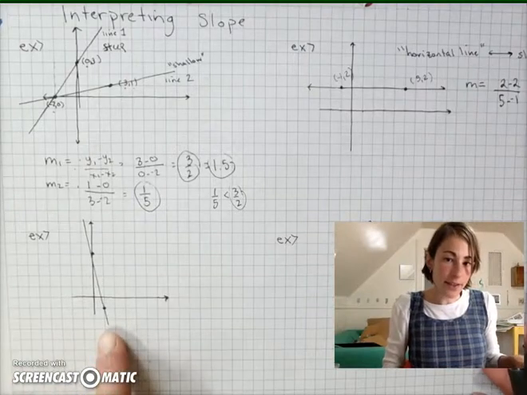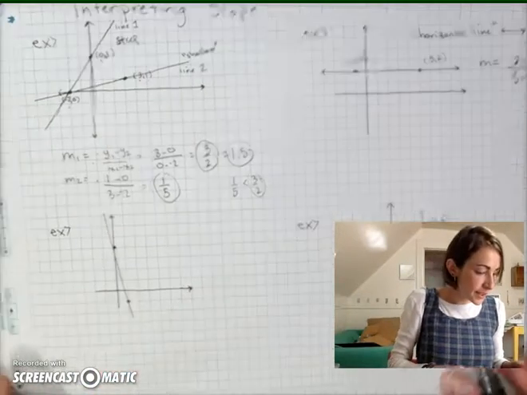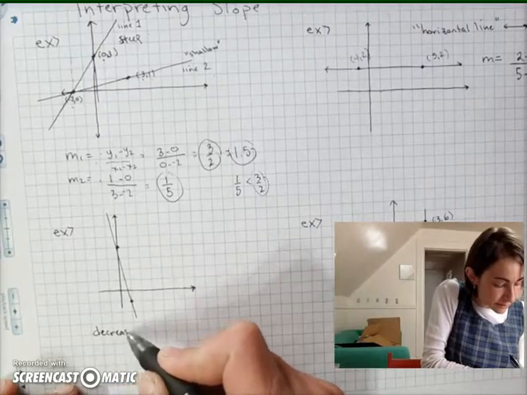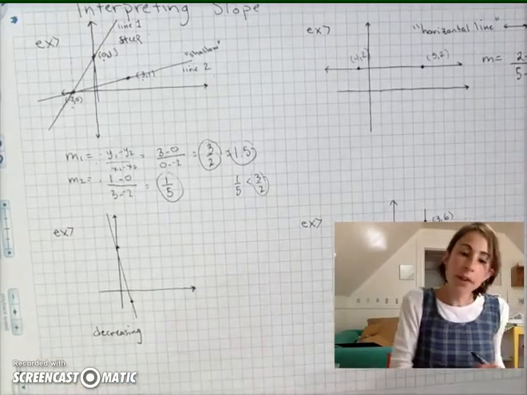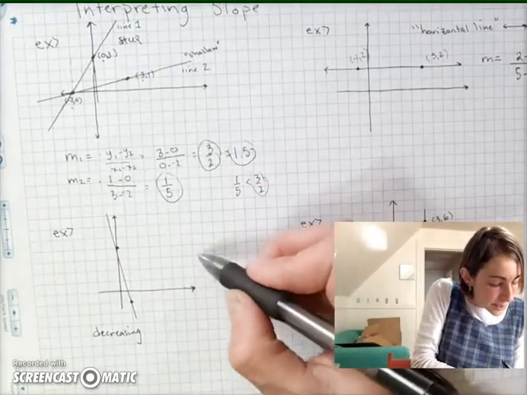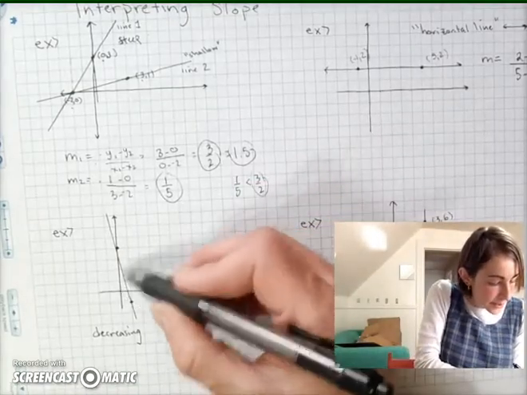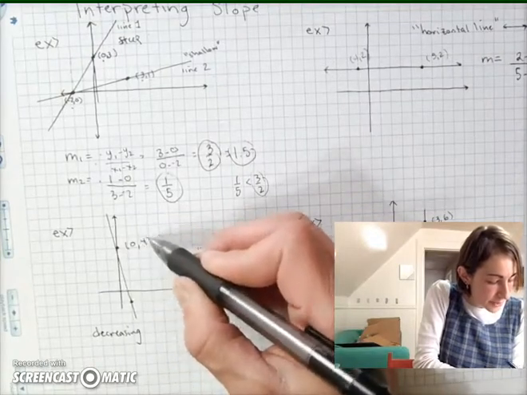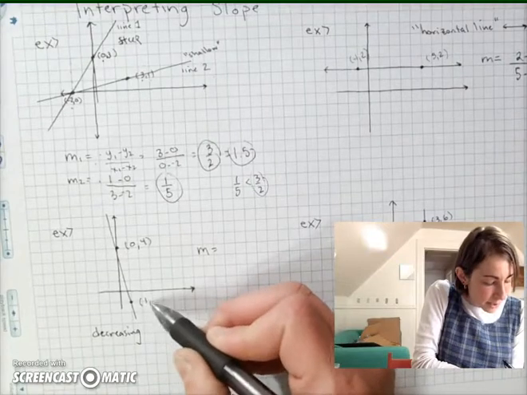Now let's look at this third example. This line is decreasing. It goes down. So what will that mean in terms of the number that we get for slope? Well, let's compute the slope. This is the point 0, 4, and this is the point 1, -1.